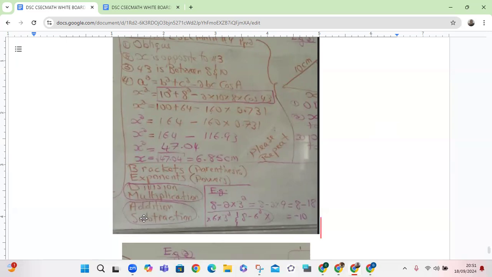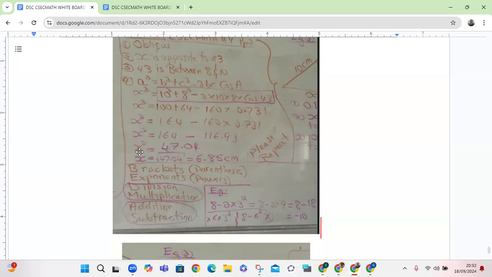Since we've got a multiplication, we must multiply before we subtract. So we must multiply 160 by 0.73 to give us 116.93. Then we subtract from 164 to give us 47.04.